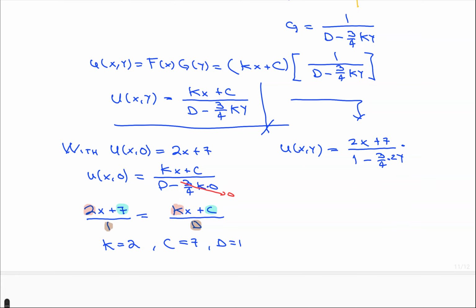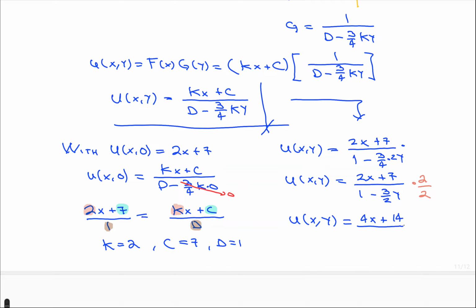We're going to keep simplifying this: 2x plus 7 over 1 minus 3 halves y. At this point, multiply numerator and denominator by 2 to clear the complex fractions. That's going to leave us with u of x, y equals 4x plus 7 times 2, which is 14, because we're distributing the 2, over 2 times 1, which is 2, minus 3y. And that is the final answer for the particular solution.